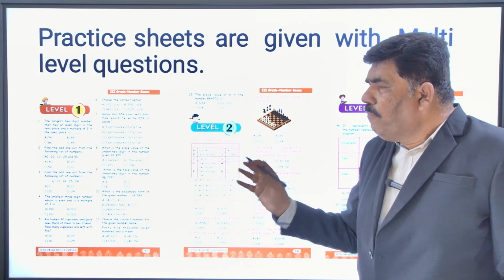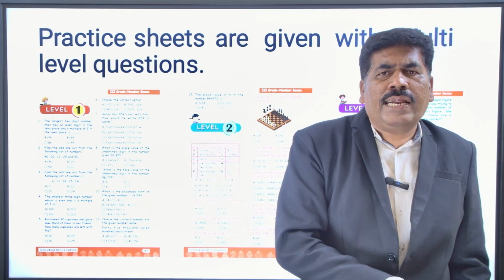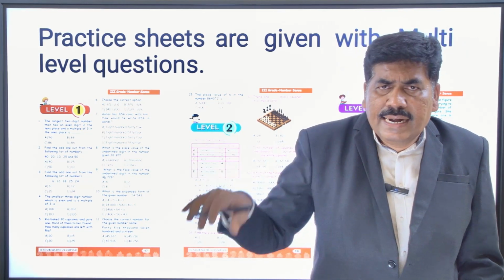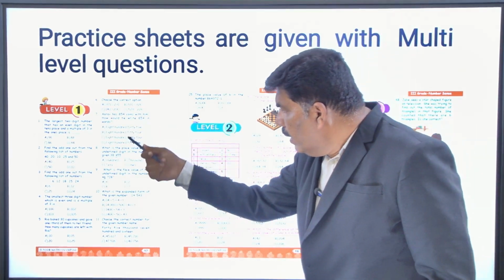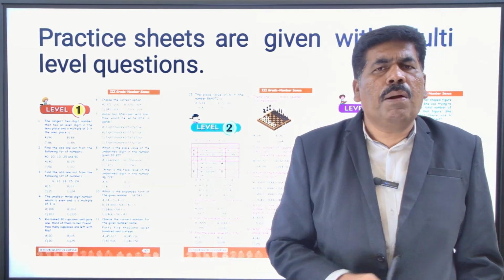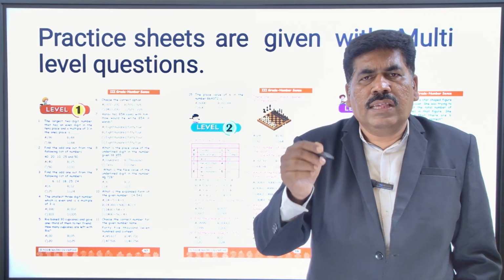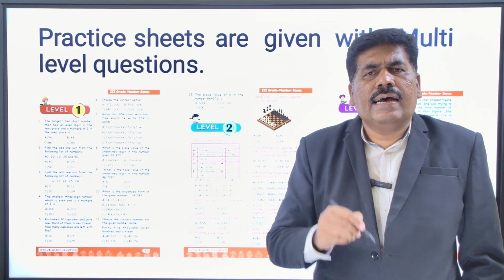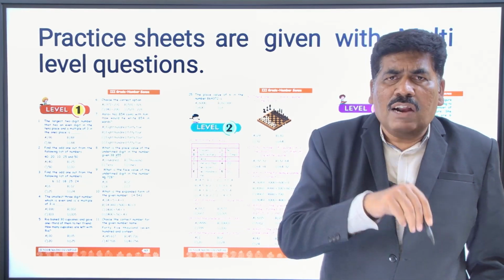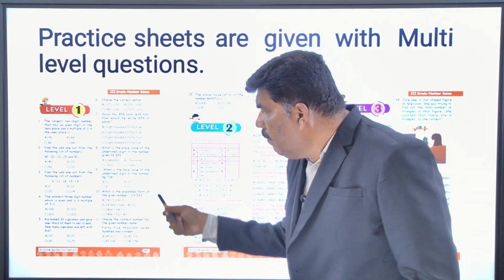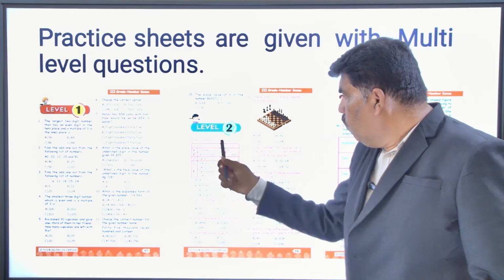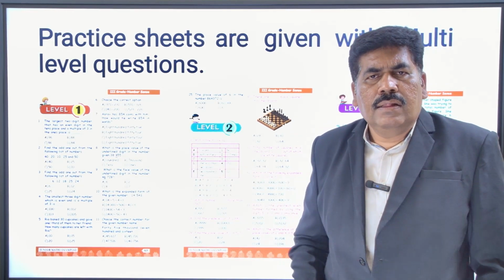And one more thing: while discussing finally, while you are telling the answers, students can put a tick mark in their problem solving notebooks for a correct answer and a cross mark for a wrong answer. Like that, for level 1, how many marks they scored, and for level 2, how many marks they scored.